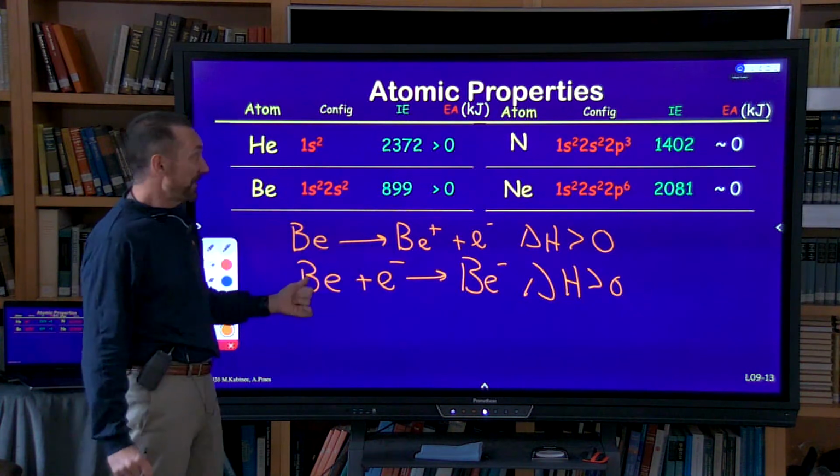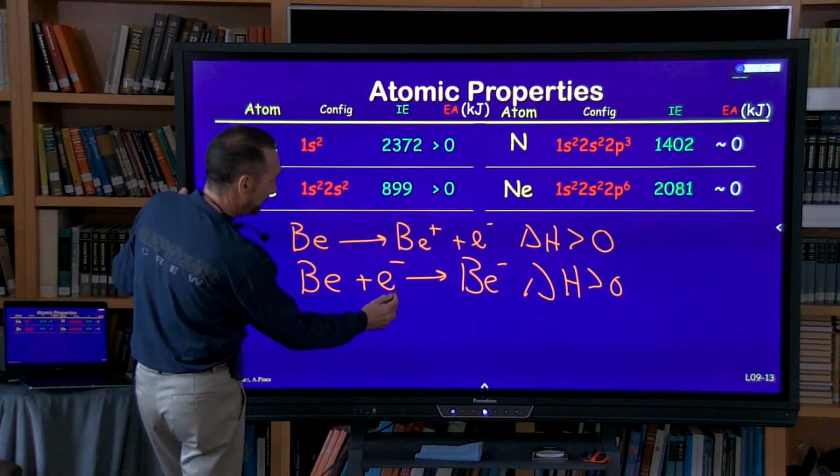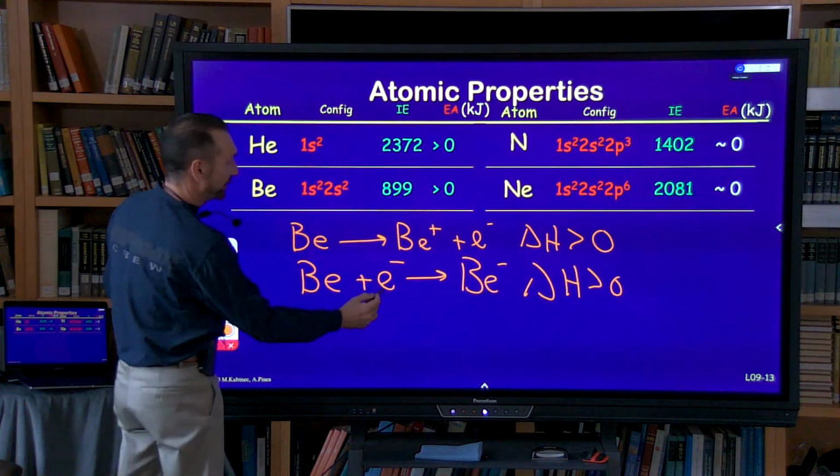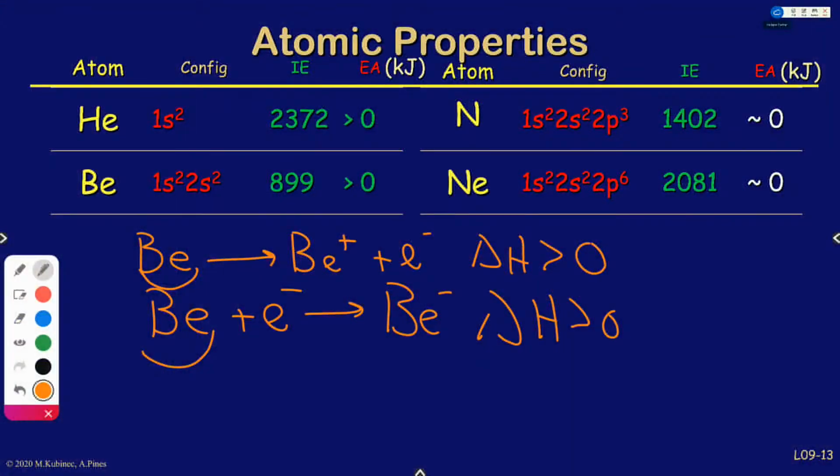So these are the higher energy states. So here, beryllium, the atom, is lower in energy than both the plus ion and the minus ion.